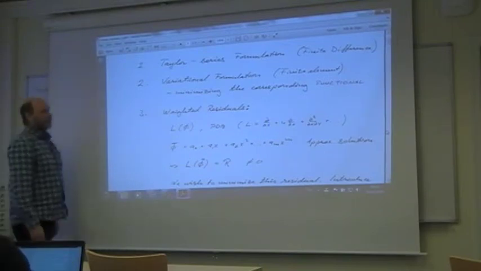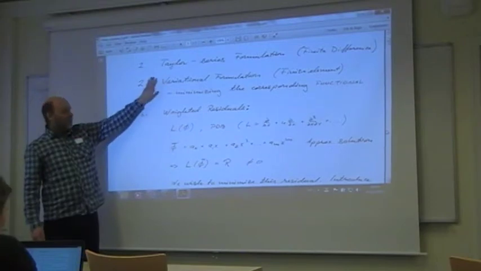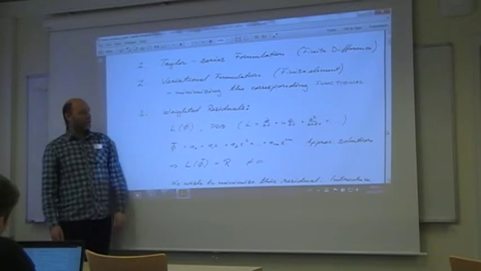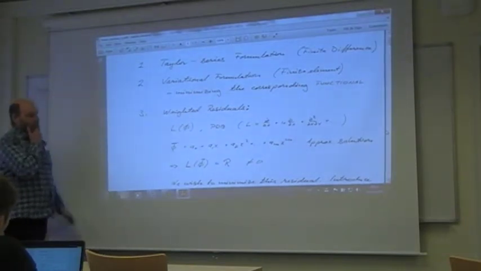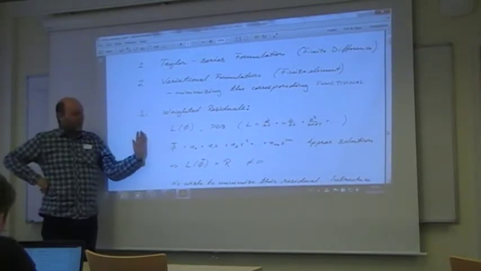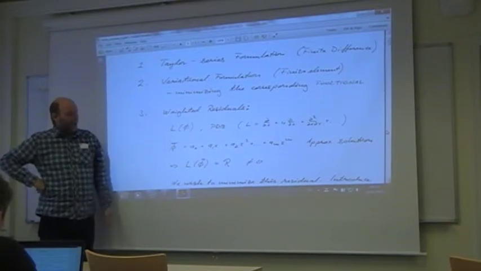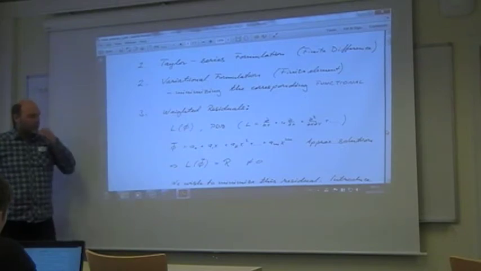Luckily for the engineers, you can get the exact same formulation by looking at it much more simply in terms of weighted residuals. So this is where I would say we find finite volume, but actually also finite element. And actually this is where it all began with solid mechanics.